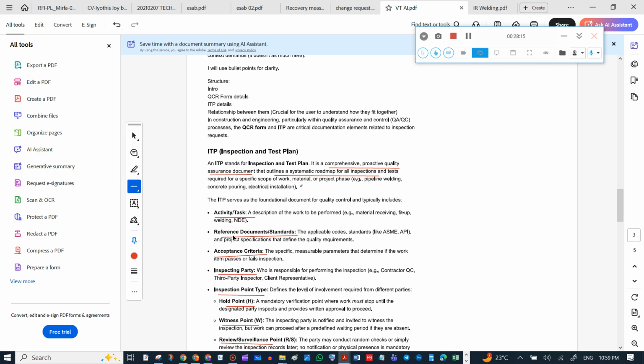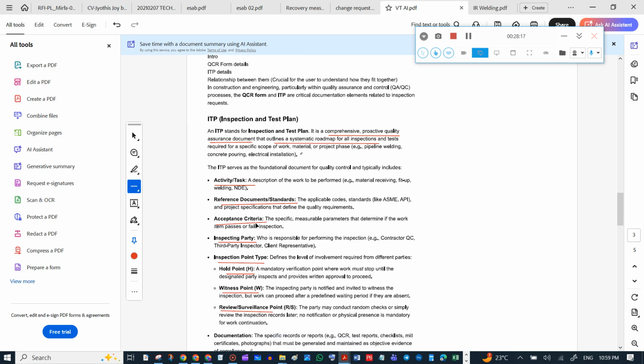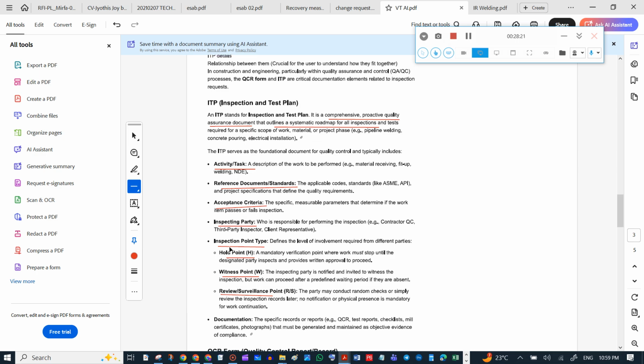It involves the activity, reference document, standard acceptance criteria, inspecting party, and the inspection point type like hold point, witness point, review point. So what is the hold point? A mandatory verification point where the work must stop until further inspection and approval is given to proceed.